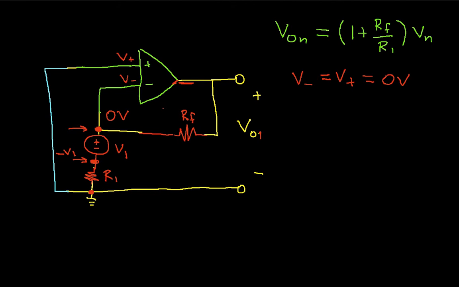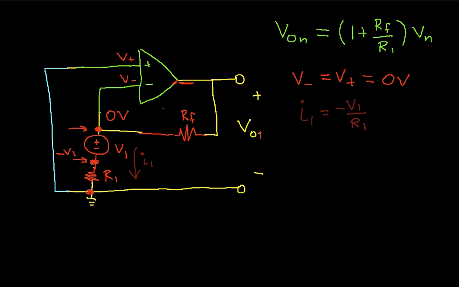So the voltage across R1 is minus V1, which in turn means that the current going through resistor 1 can be written as I1 is minus V1 over R1.